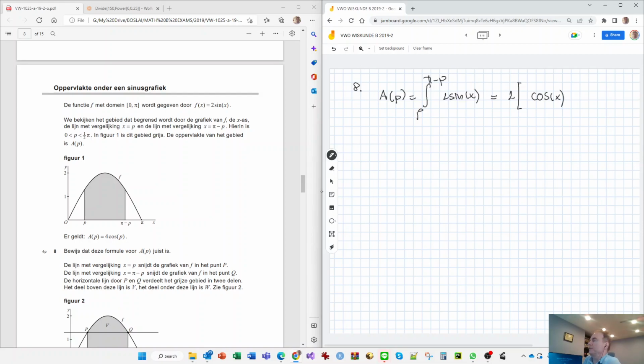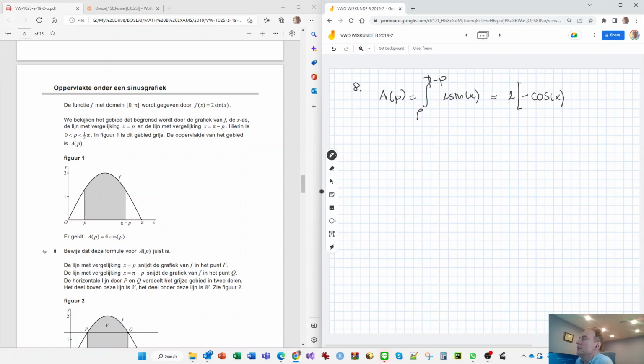But careful here with the minus sign. The derivative of the cosine is a negative sign, so we have to compensate for that.